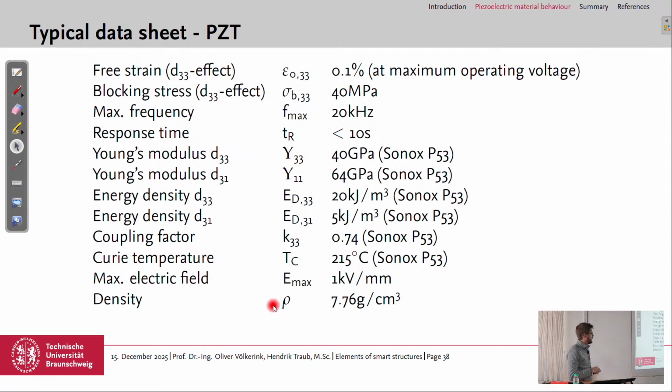Maximum electrical field is 1 kilovolt per millimeter, lower than we saw in the plots before, but this is a different material. The density is around 7, so close to steel. But you can see that with these stiffnesses, or Young's modulus, it's still usable as a structural material, and therefore this is really a multifunction material because we have the piezoelectric effect, and it's also capable of bearing some loads.